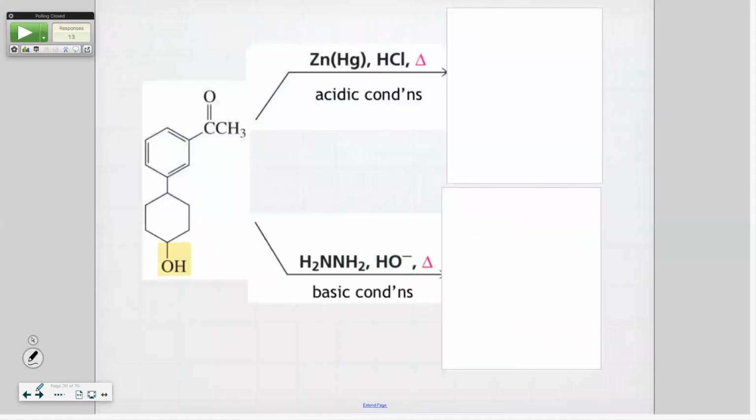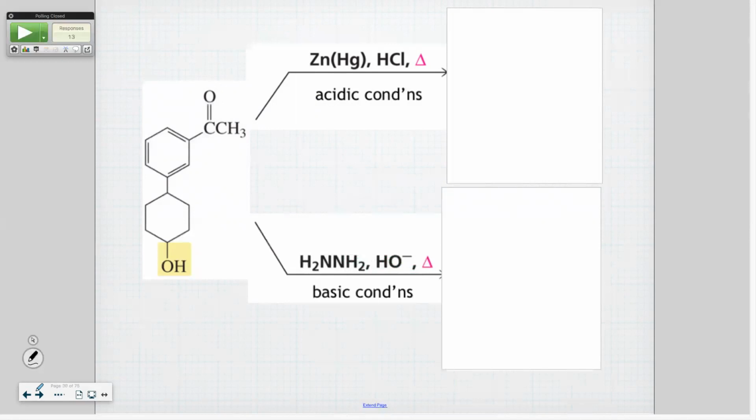Okay. So what would you get from this one? If you look at this molecule, it's almost the same as the other one, except we have this weird cyclohexane ring and an OH. What would happen if you reduced it under acidic conditions?